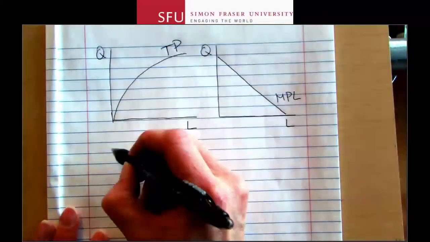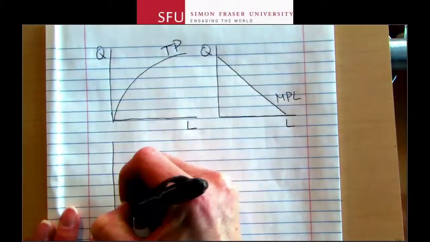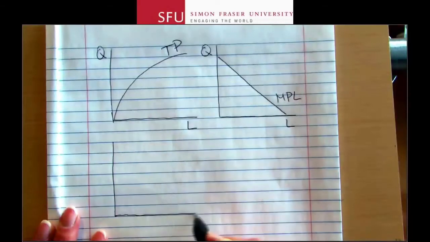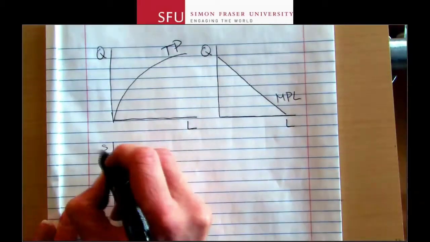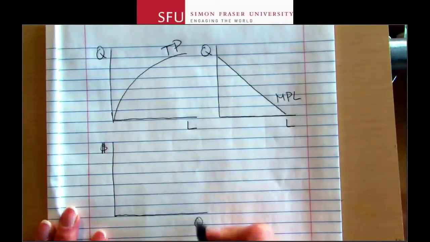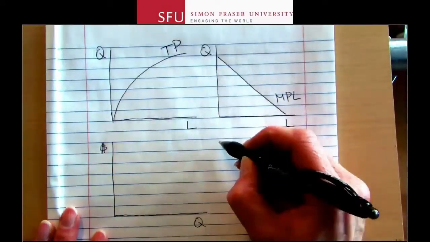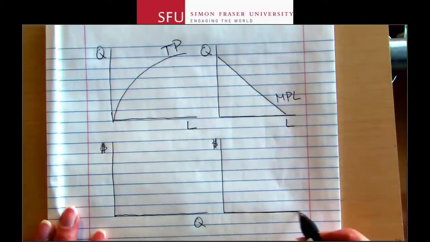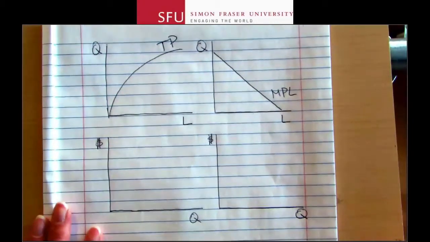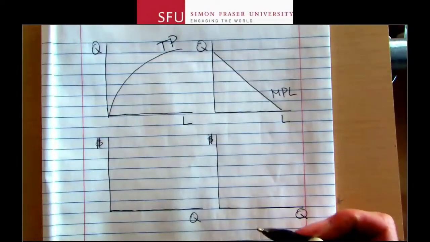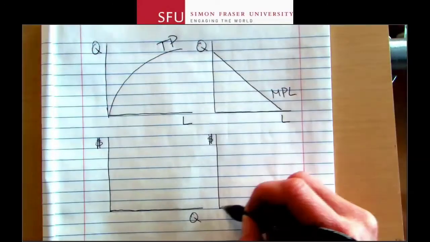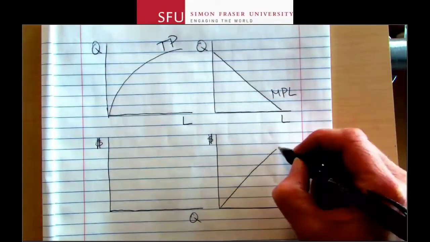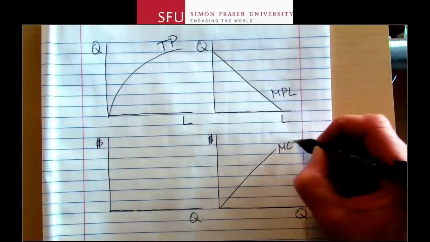Okay, and so then the other two graphs are total cost and marginal cost, which then have dollars on the vertical and quantity on the horizontal. Okay, so marginal costs rise. I'll put that one over here. And I'll just put the formulas here too.